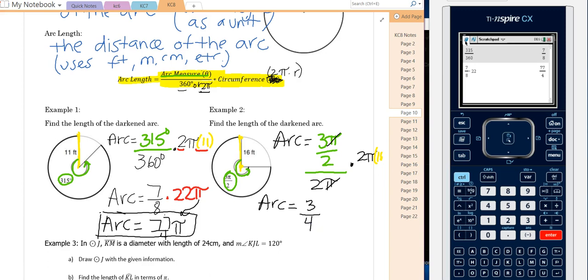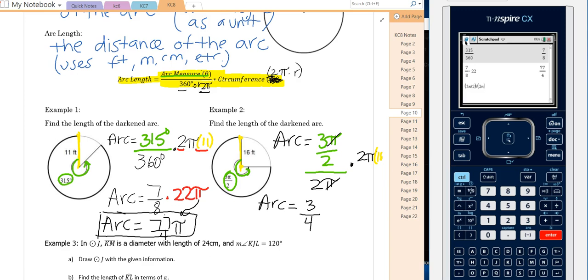If I lost you, yes, you can use your calculator and substitute everything in, and I will show you, and you must use parentheses. Always keep everything where it needs to be. So if you want to even type in the pi, you can. You can say 3 pi divided by 2. That's one parentheses. And you want to divide the whole thing by 2 pi.